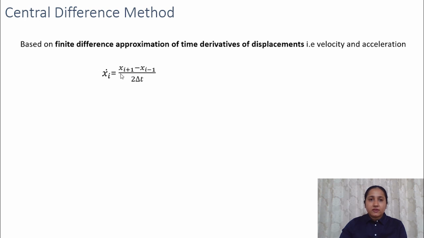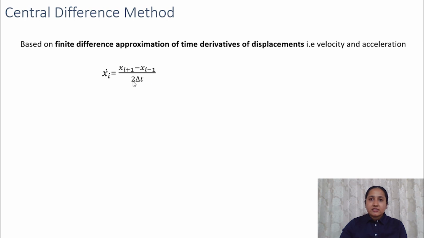We are calculating the velocity at the ith instant. So we are taking the difference in the displacements at the next and the previous instance, and we'll divide that by 2 times the time step. This gives us an average velocity between i-1 and i+1.